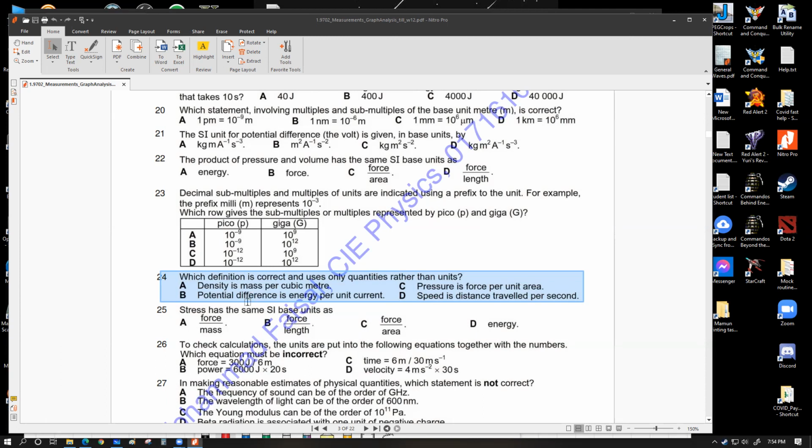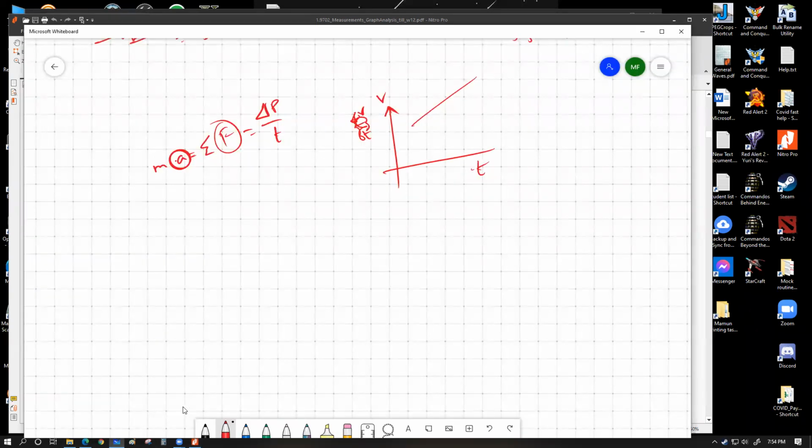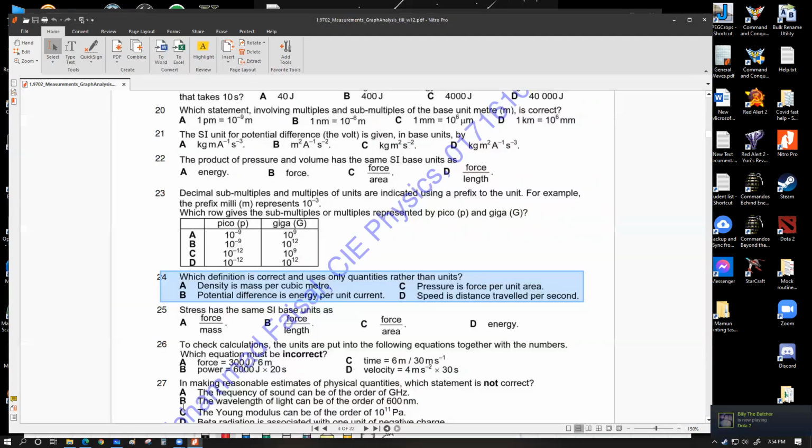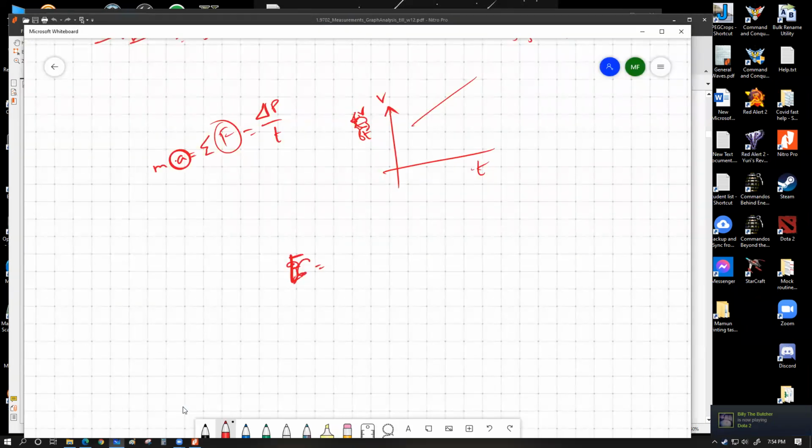Option B says potential difference is energy per unit current. So it is saying that V is E divided by I. No, this is also not correct, because if I do the cross multiplication, you're gonna get E equals VI.